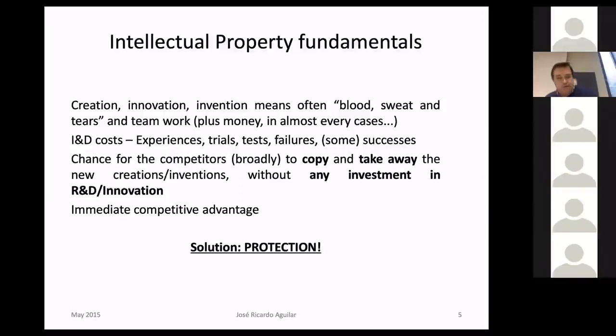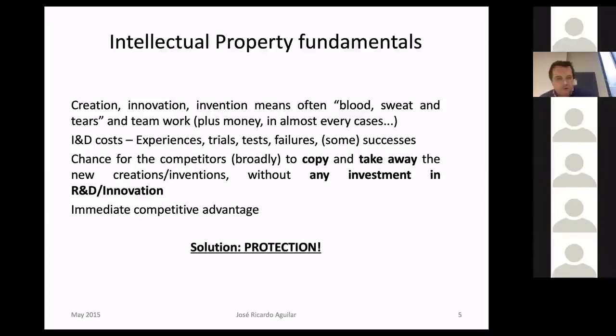In the majority of cases, in fact, we are also thinking about teamwork and not that single inventor that works in a garage, for instance. Normally, we think about people gathered to develop a well-defined project with their mixed competences and skills. Of course, this will bring us to costs.